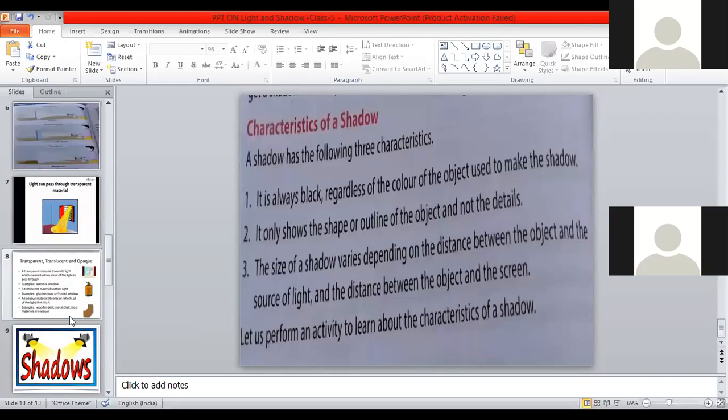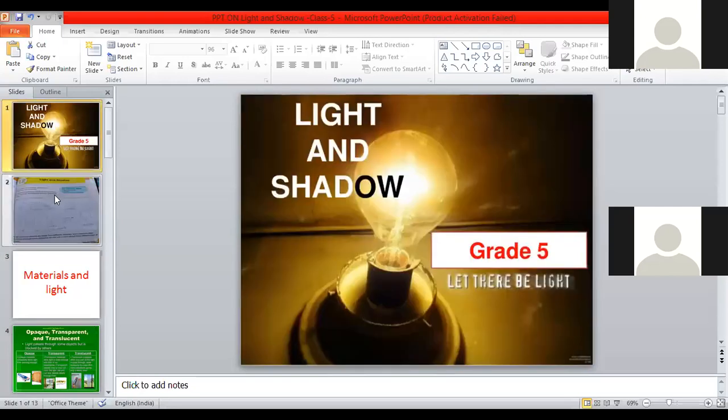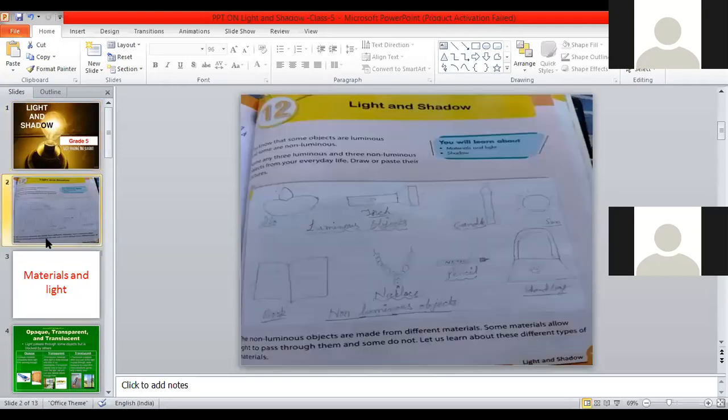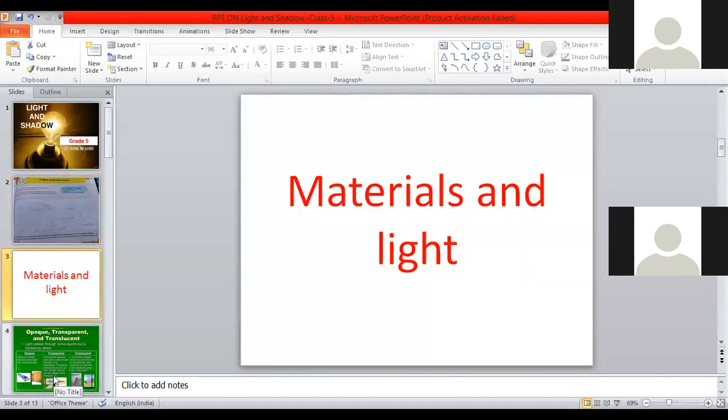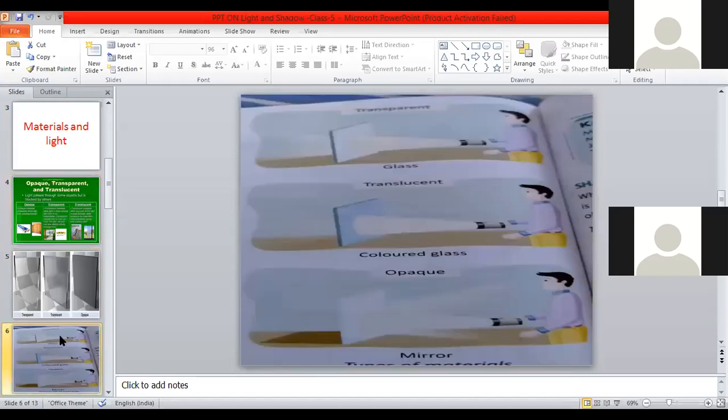Children, this lesson is a very small lesson. Did you all understand that concept, children? It is only about light. What are luminous objects, non-luminous objects? According to how the materials allow light, they are categorized into 3 types: transparent, translucent, and opaque. Transparent examples: clear water, clean air, and clean glass.